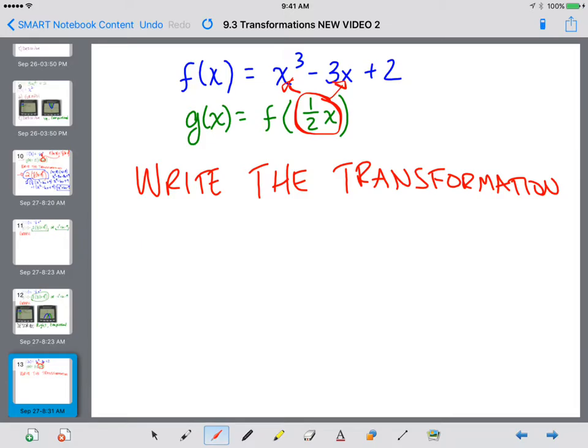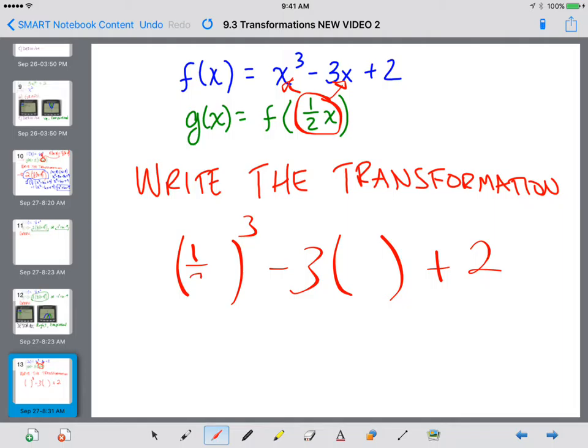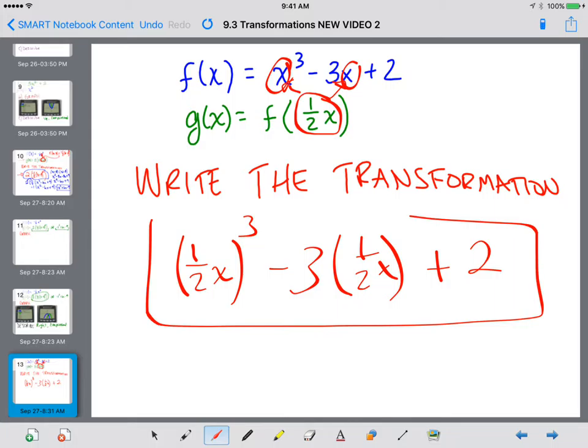So let's rewrite f with some parentheses. So we have parentheses cubed minus 3 times something plus 2. Well, we're going to put 1/2 x for each x in my function of f. Now again, you can leave it as this form.